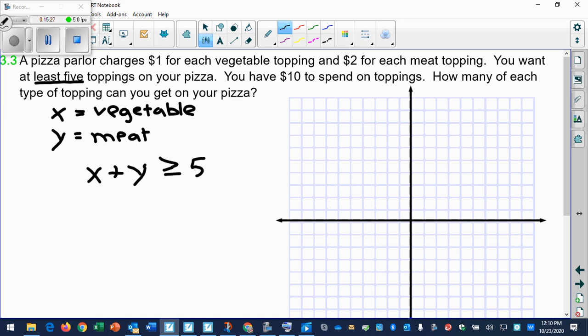That's one of your inequalities. What would be another one? x plus 2y, because it's $1 for each vegetable and $2 for each meat. You only have $10, so you can't spend more than 10. It's got to be 10 or less.